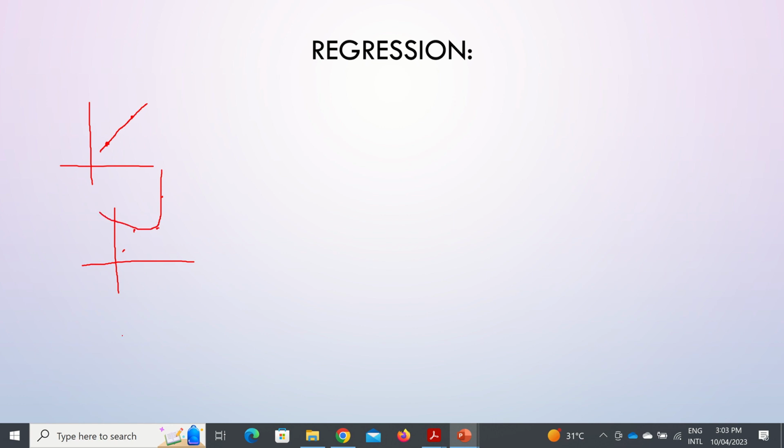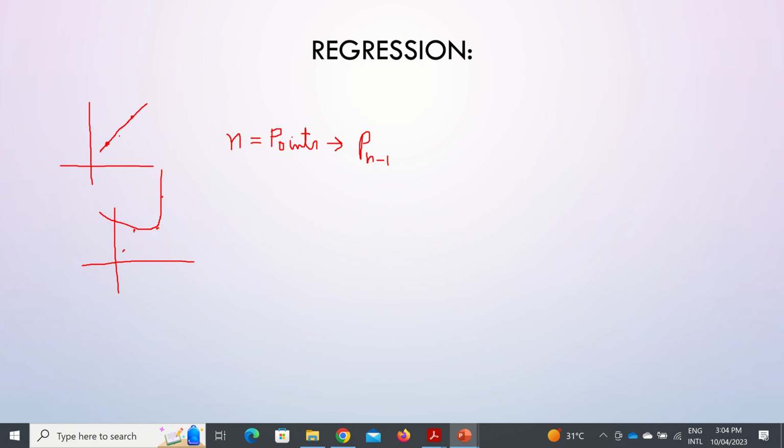And if we have, let's suppose, n points, you will have a polynomial of degree n minus 1 which will fit the data.